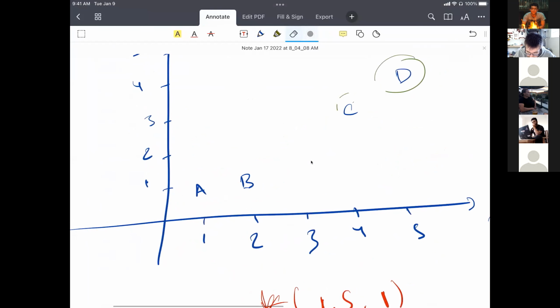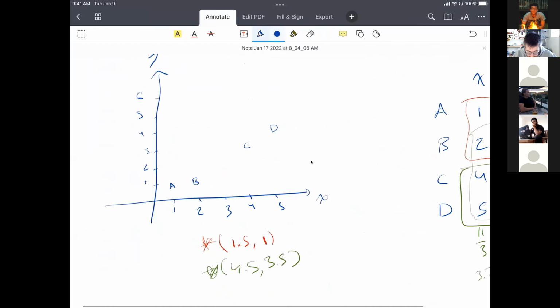meaning that we have three clusters, and I told you that the centers of the 3 clusters start at A and B and D, for example, because K represents how many clusters we have. So you'll always need to have 3 clusters in this case. These are the 3 centers, and you would evaluate C. C would be part of the purple cluster.